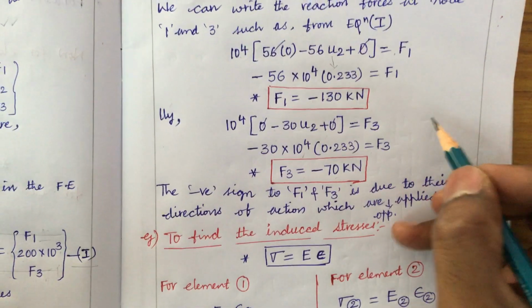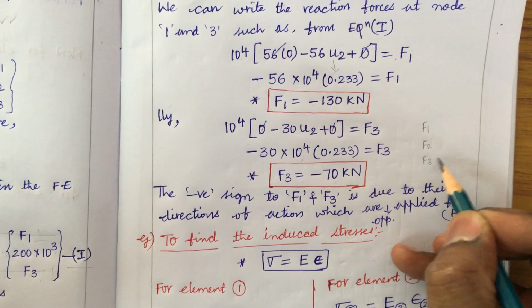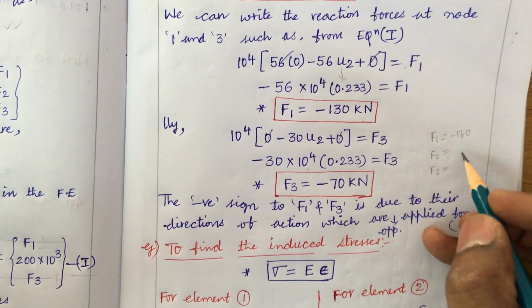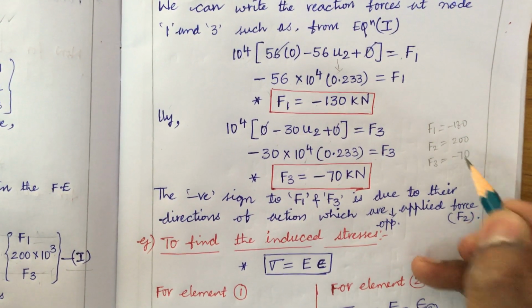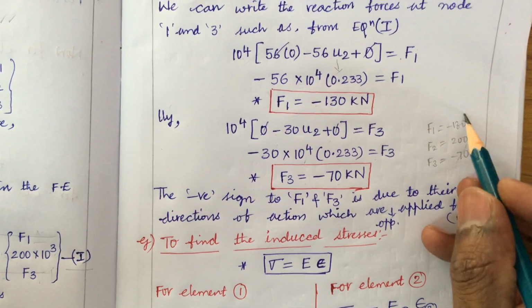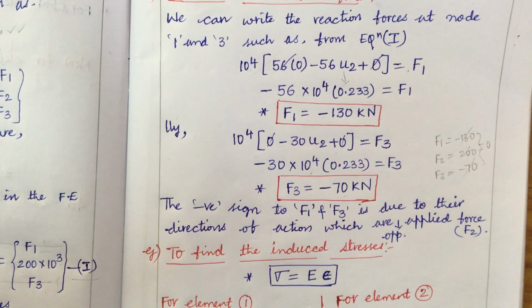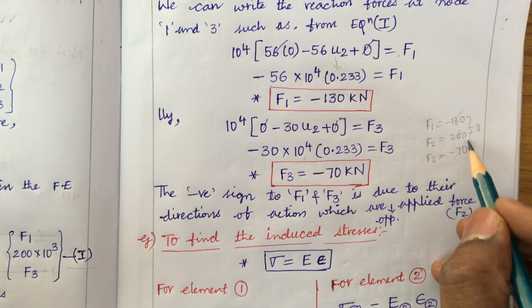So when you sum up all the equilibrium forces, dear students, they should equal 0. We need to cross check: -130, F2 given in the problem is 200, and F3 is -70. So -130 - 70 is -200, and -200 plus 200 is 0. The equilibrium of the forces is satisfied, the problem is correct. F1, F2, F3 sum to 0.